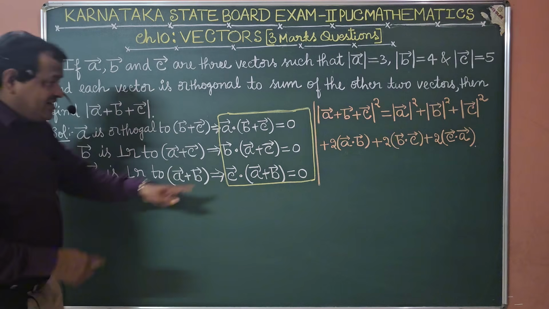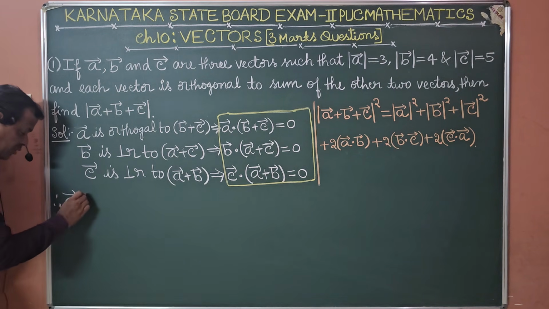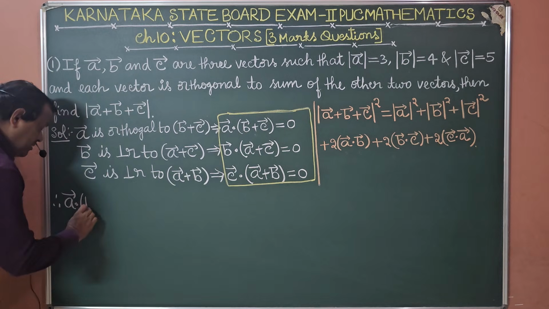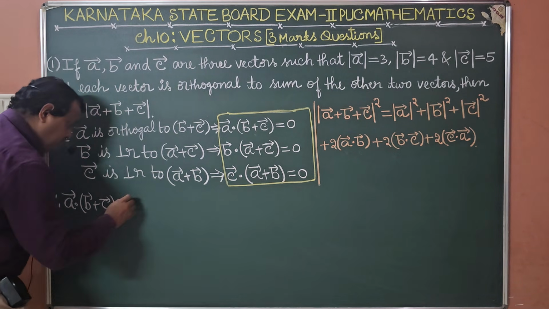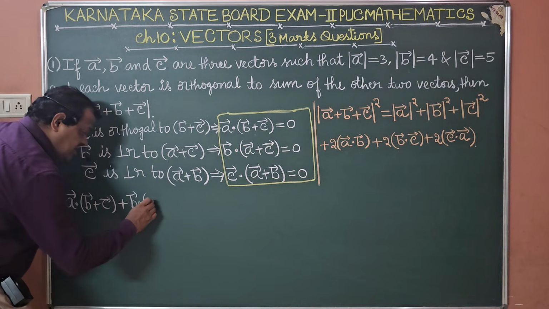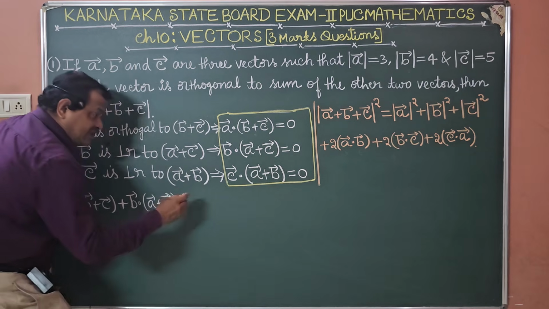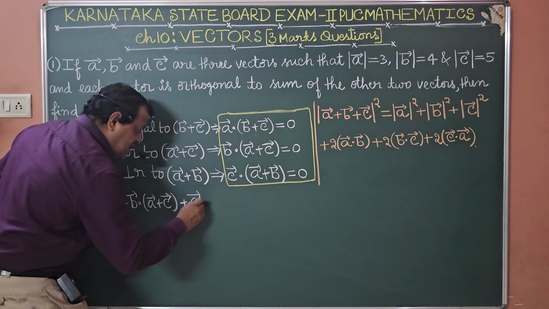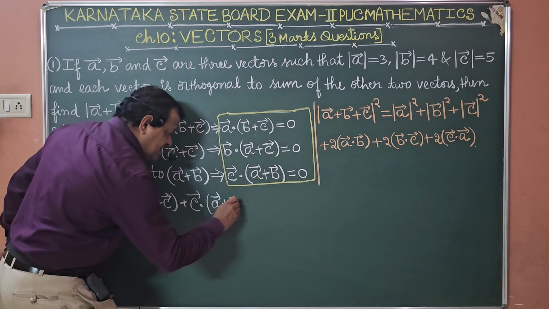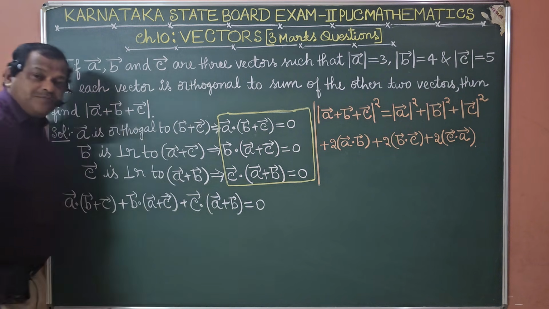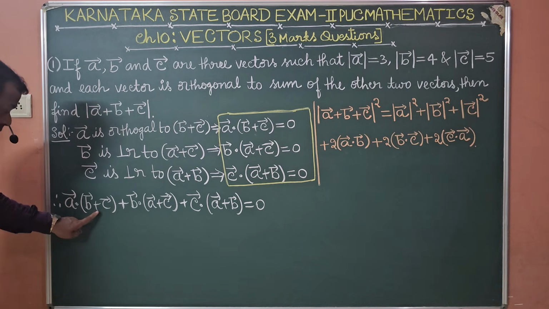So when I add, A vector dot product B plus C, plus B vector dot A plus C, and plus C vector dot A plus B, is equal to 0. Now I will apply dot product is distributive over addition.